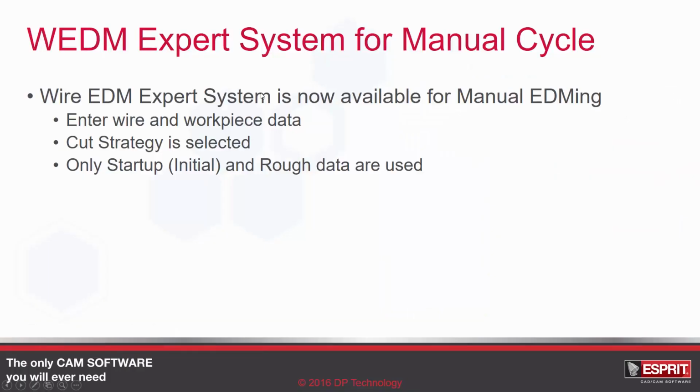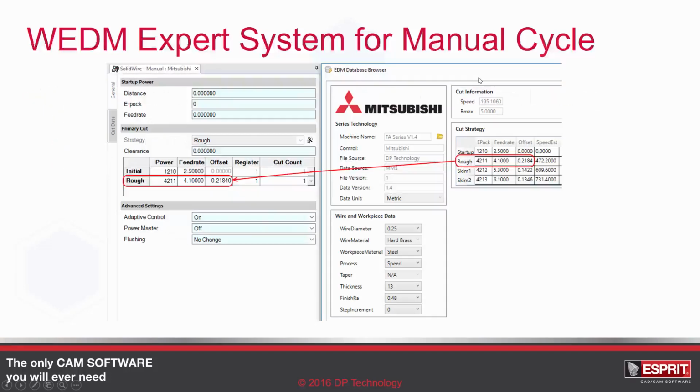The cut strategy is then selected by the ESPRIT system, and the startup or the initial and rough data are going to be used by the manual cycle. So you'll see in this particular example, I'm using Mitsubishi, and both the startup or the initial and the rough data are being transferred from the ESPRIT system to your grid on your manual EDM cycle.